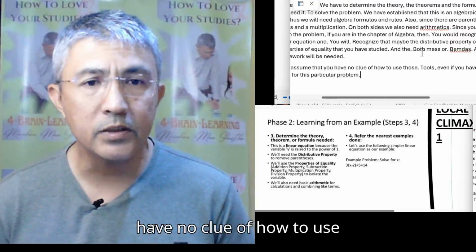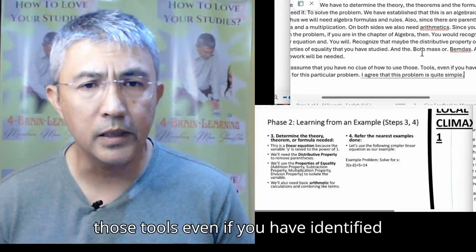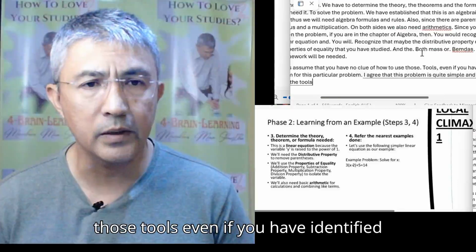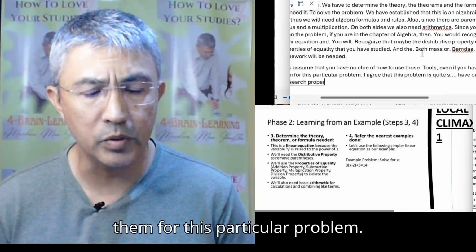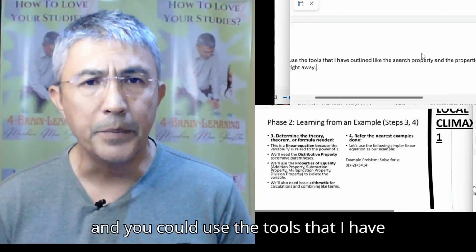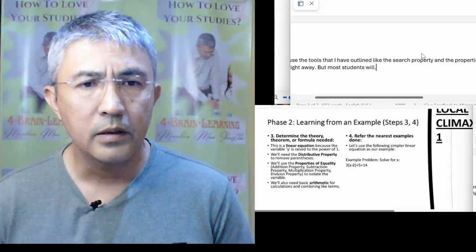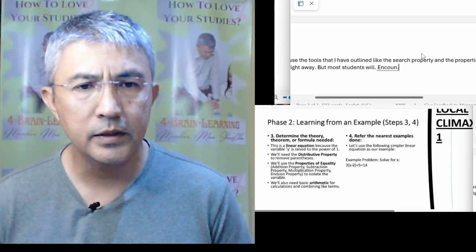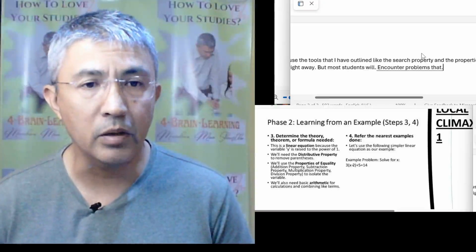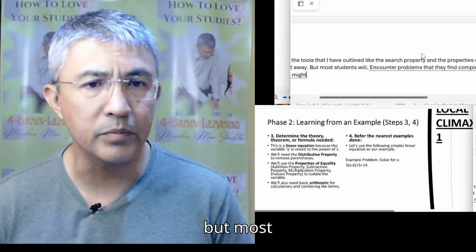I agree that this problem is quite simple, and you could use the tools that I've outlined, like the distributive property and the properties of equality, right away. But most students will encounter problems that they find complex, and this one might have been one also.